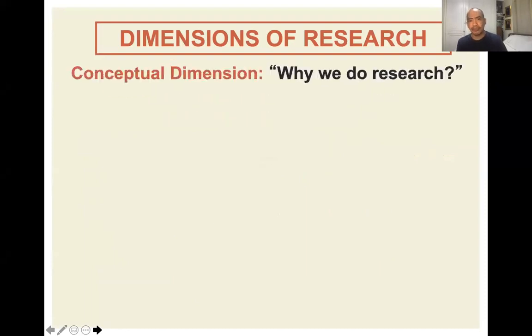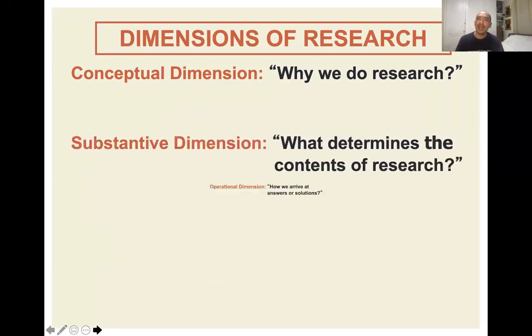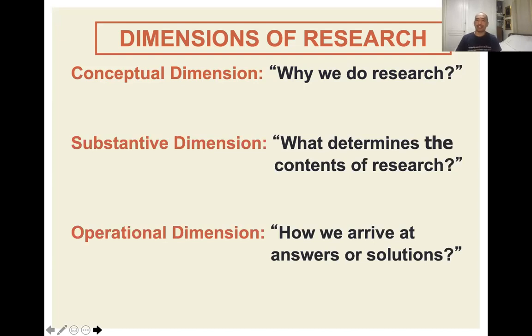So today, very quickly, I'd like us to look at the different dimensions of research. When we say dimensions of research, these are the things that we have to consider whenever we are doing research. And what are the things that we need to consider? First, there has to be a conceptual dimension.